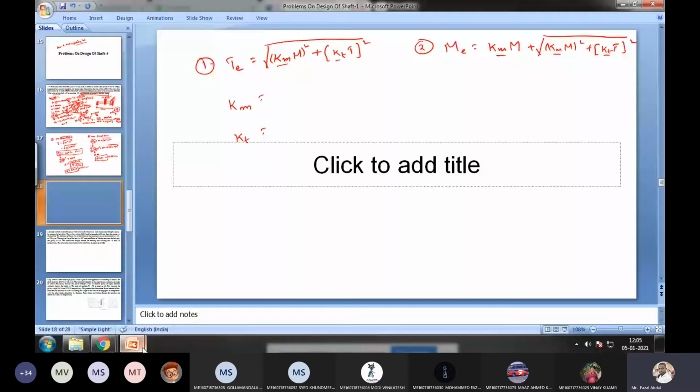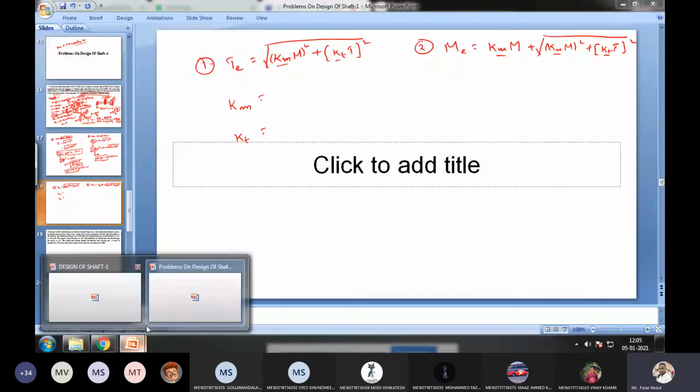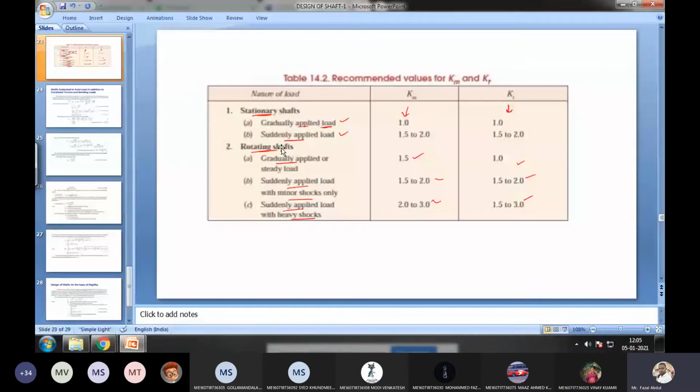See here, the question is given: the shaft is transmitting the power, so it is in rotating condition. The statement says gradually applied load.